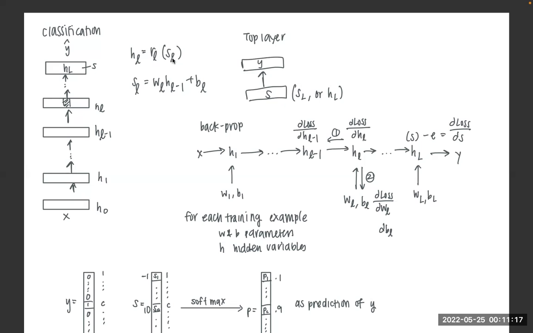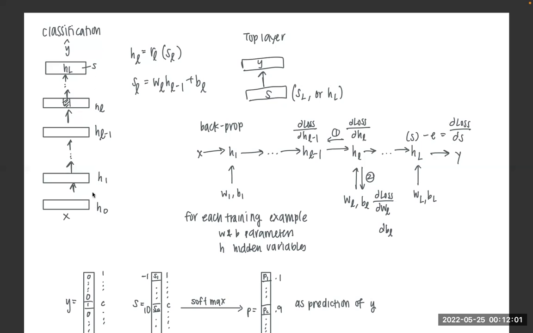And I didn't plot S_L, which consists of those activities before rectification. And this vector S_L is computed from the layer below, H_{L-1}, by a matrix W_L, and then plus B_L, which is the bias vector or the vector of intercepts. So this is a linear structure. Only the linear structure contains the learnable parameters W_L and B_L. So this is the basic mathematical language of neural network.